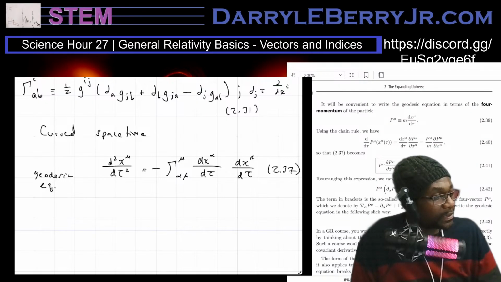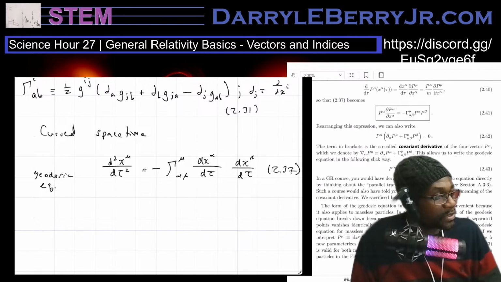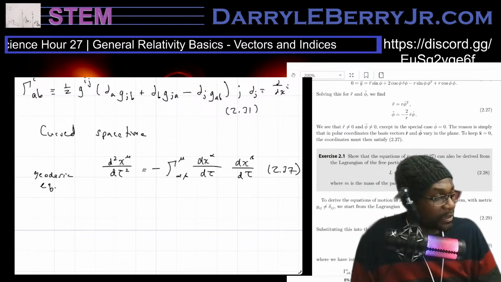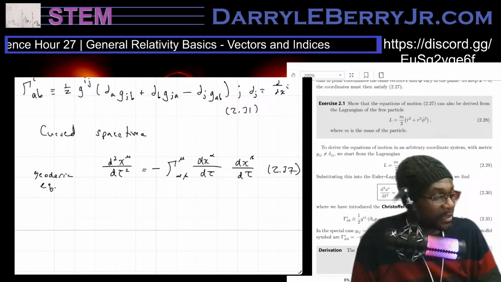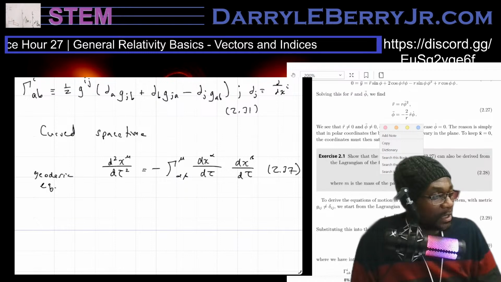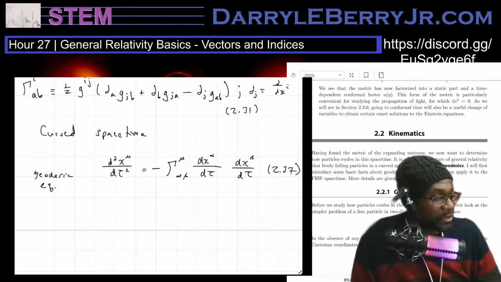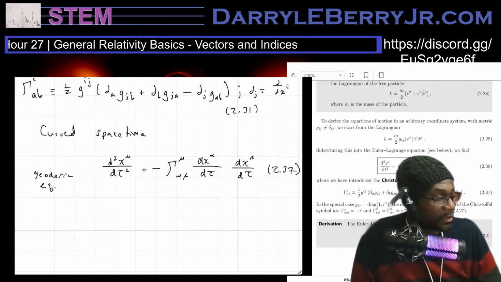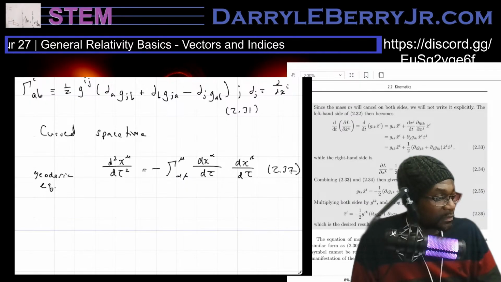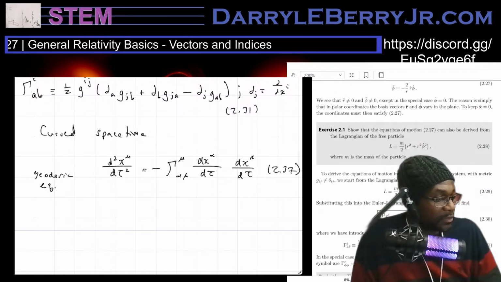Seems like a good place to end. So I'll hop into this new section here. And what I may do next week is actually look at this Christoffel symbol because it comes up a lot. I see it a lot. We see it from all of the Lagrange equations right here. So 2.30, hold up. What was it at? 2.31.